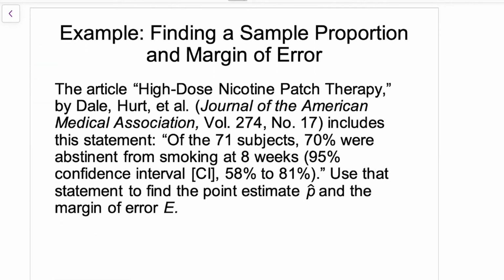So here's an example. Of 71 subjects, 70% were abstinent from smoking at 8 weeks. We have a 95% confidence interval of 58% to 81%. And so what we're not given is the proportion of people in that study or the margin of error.